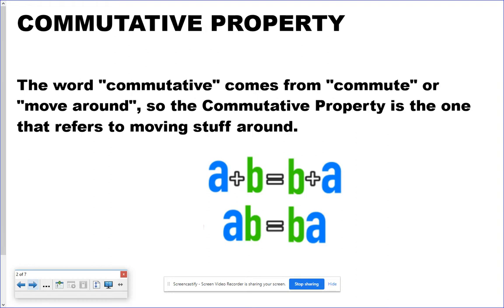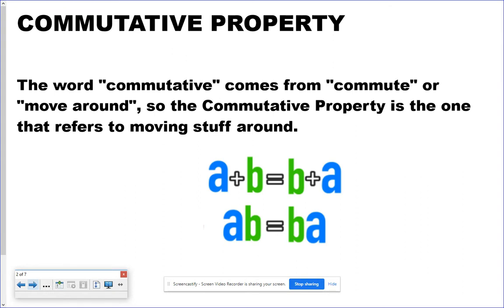So for example, the addition property of commutative, we have A plus B is the same thing as B plus A, okay, which you guys are like, duh, right? We've known that forever, but now we have a term for it. We call that the commutative property of addition.